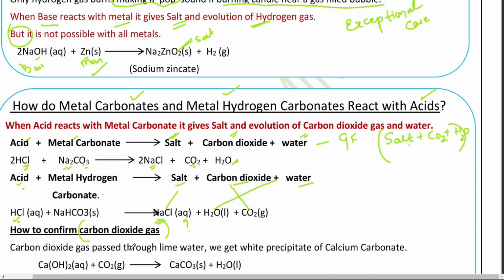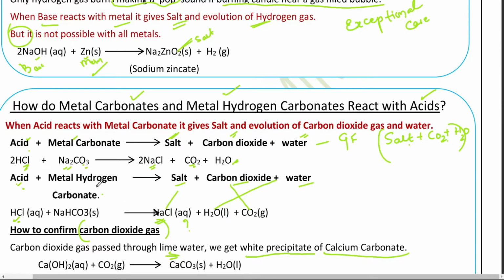When this gas is collected and passed through the lime water, we get the white precipitate of calcium carbonate. Okay, so this is a byproduct that occurs when carbon dioxide comes in contact with the lime water.